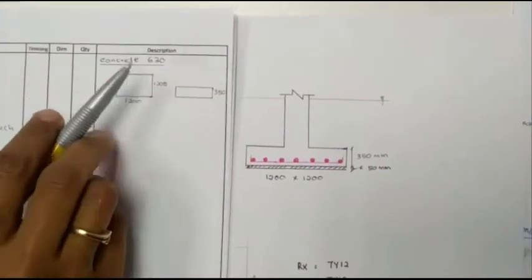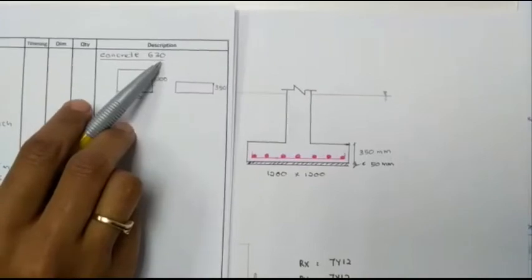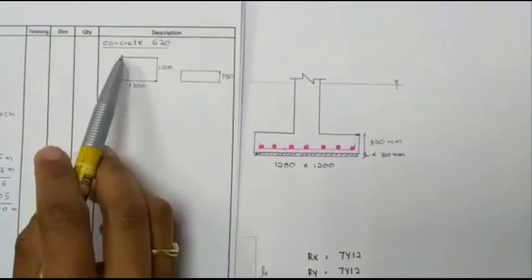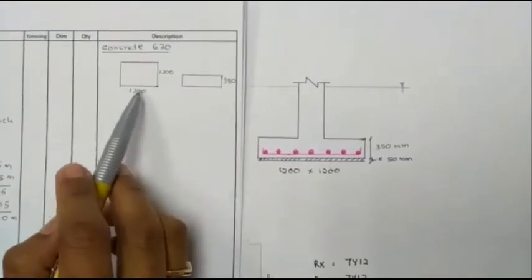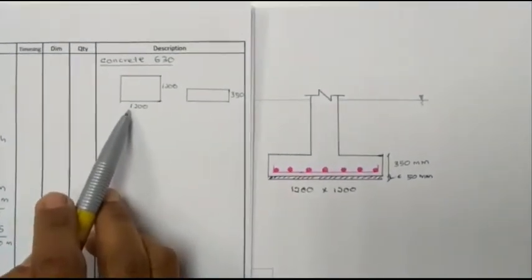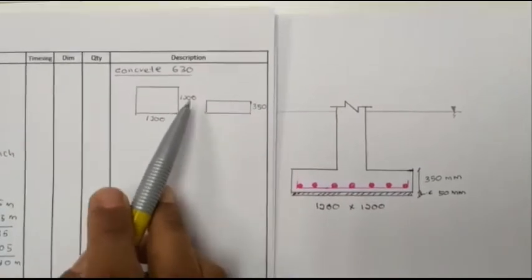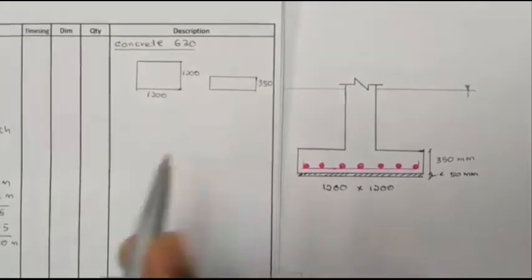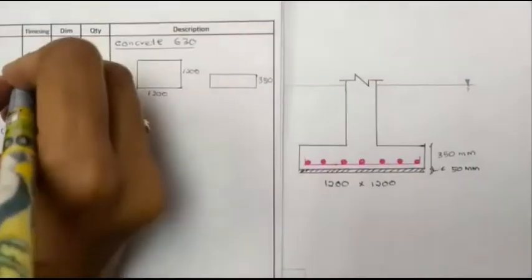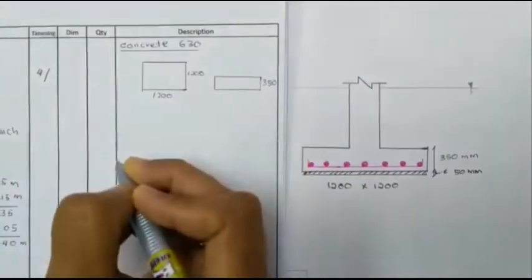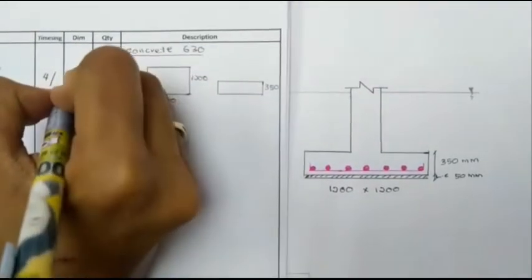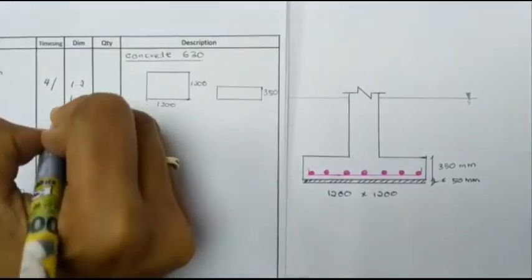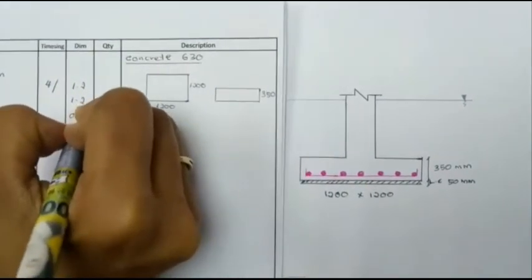Okay, for concrete, we know the grade given is 30. So now in the description column, we may draw a figure which shows that the dimension of the pad footing is 1200 mm square with a thickness of 350 mm. So we know the number of pad footings is 4 and the dimension of the pad footing is 1.2 and thickness 0.35.